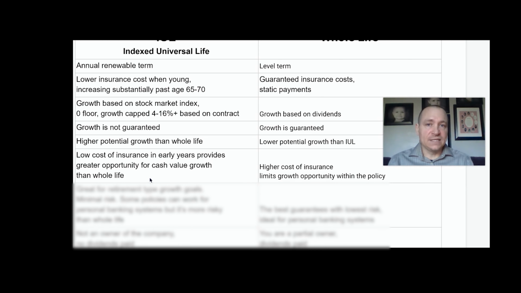The way we design these policies, regardless of which one you get, we do minimize that cost of insurance. But the fact remains, whole life insurance is based off of the actual insurance cost for your whole life. And index universal life insurance is based off of annual renewable term, which means we're going to have lower costs in the beginning for index universal life insurance.